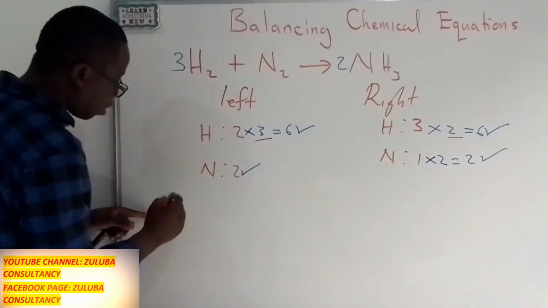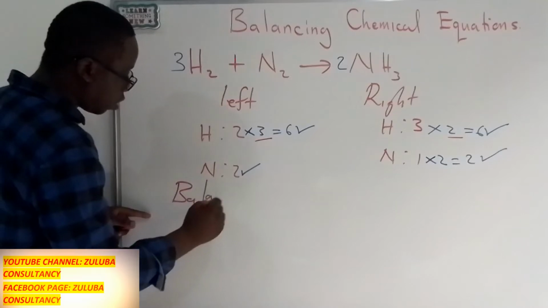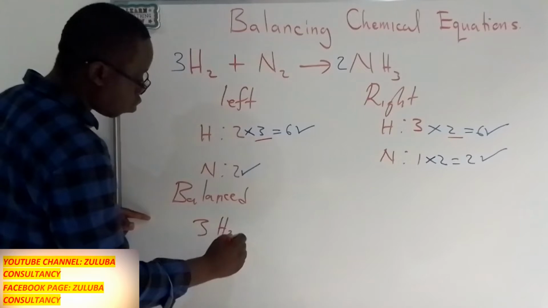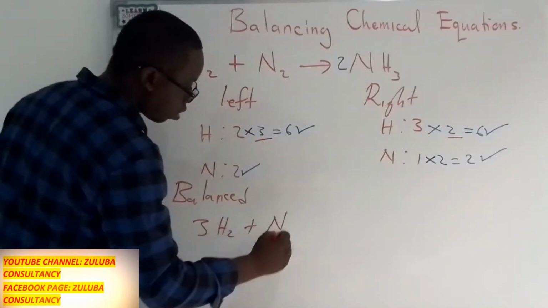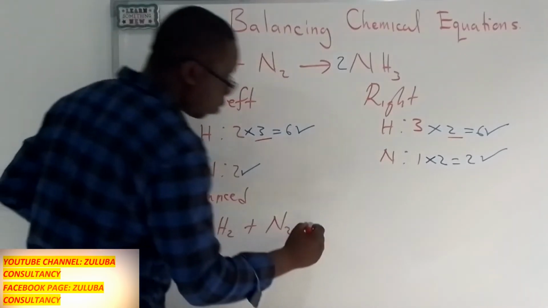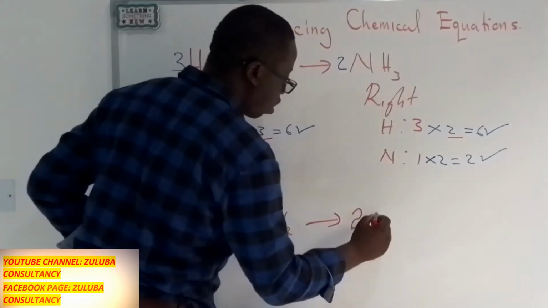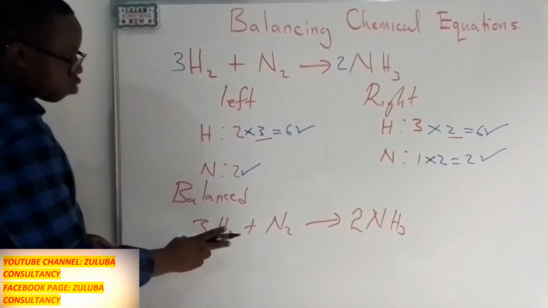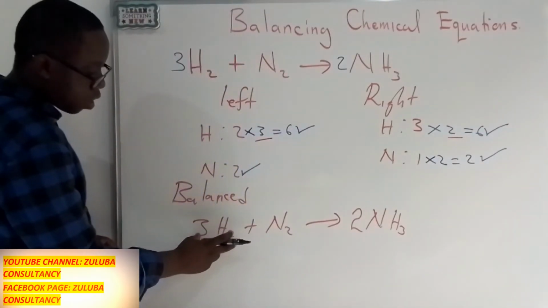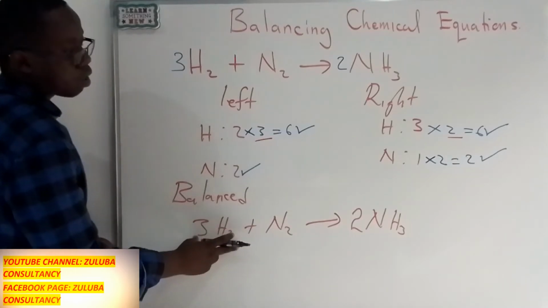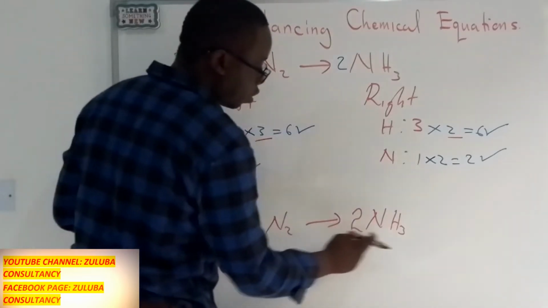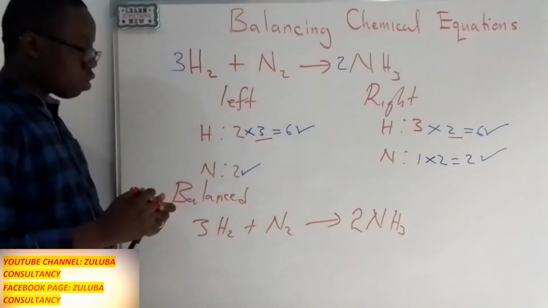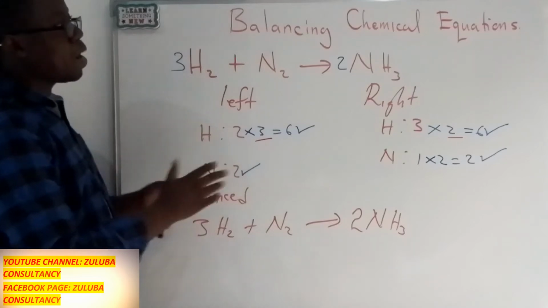So the equation that is reflecting a balanced equation will be 3H2 plus N2, giving us 2NH3. So you notice that we have 6 atoms of hydrogen, 6 atoms of hydrogen, 2 nitrogens, 2 nitrogens. So this is what we do when balancing.